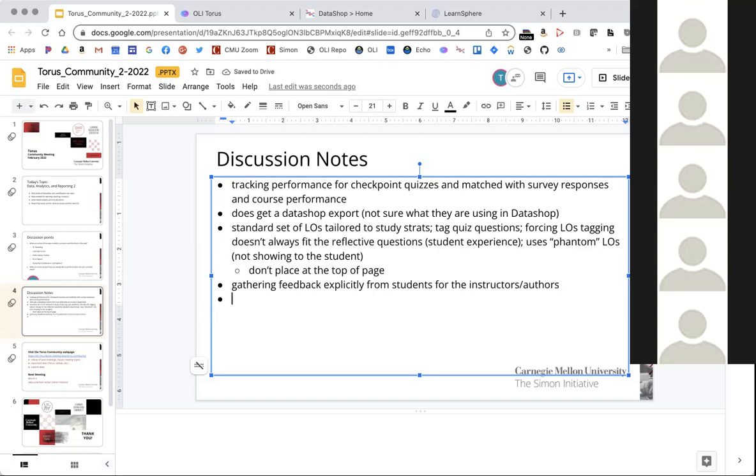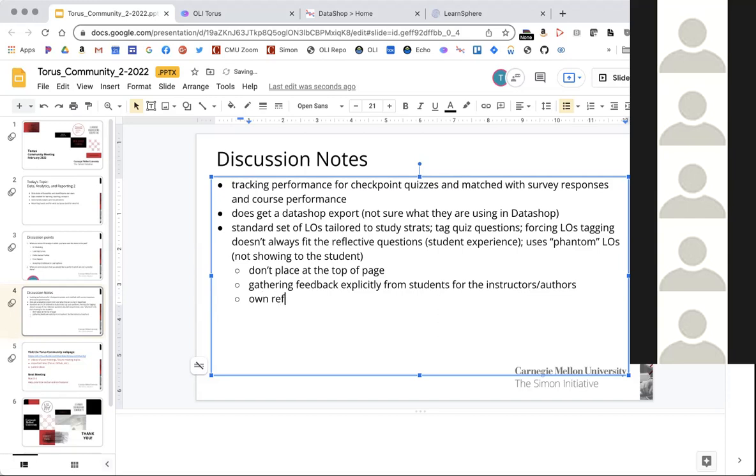But I mean, there's something there that you might like. I was thinking more along the lines of socio-emotional type indicators. Oh, yes, there's two different types that we gather. The types of reflective questions that we ask, some of those are intended for students to do their own reflections.